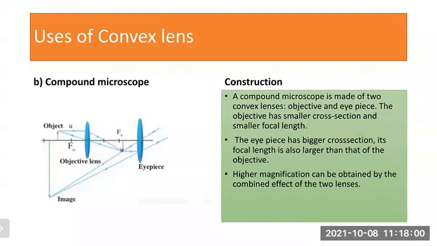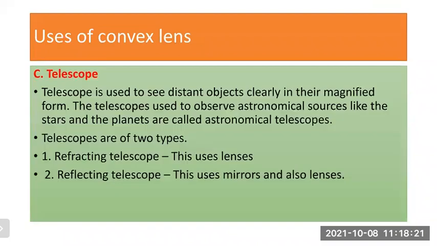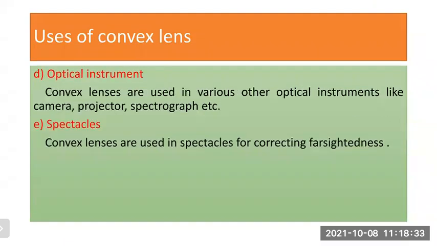It is used in the compound microscope. Here two lenses are used, that is the objective lens and the eyepiece, and we can obtain higher magnification by the combined effect of these two lenses. Then convex lens is used in the telescope, in a refracting telescope and reflecting telescope. It is used in optical instruments like camera, projector, spectrograph, etc. Then it is used in spectacles for correcting farsightedness.